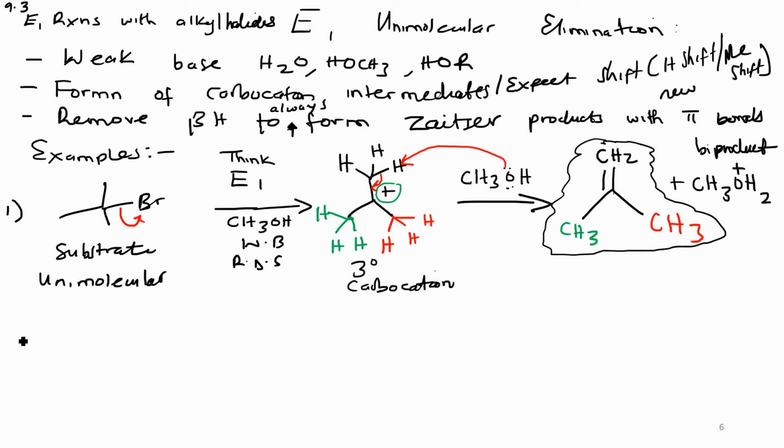Okay. Does someone have a question before I do the second example on the process of E1? So you just said that no matter which beta hydrogen we take out, it's going to give you the same product? Yeah, so for example, if you take out the CH3 in red, then this is what you're going to get. Let me show you. So we don't have to worry about regioisomers?